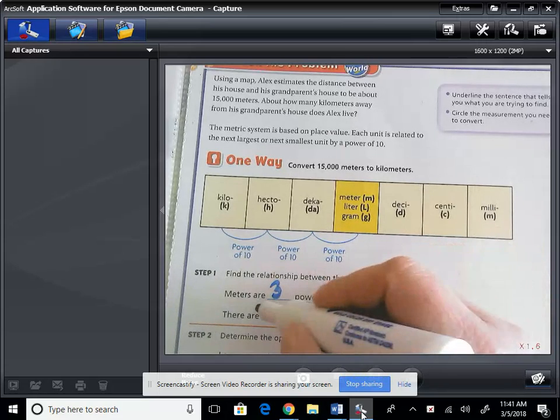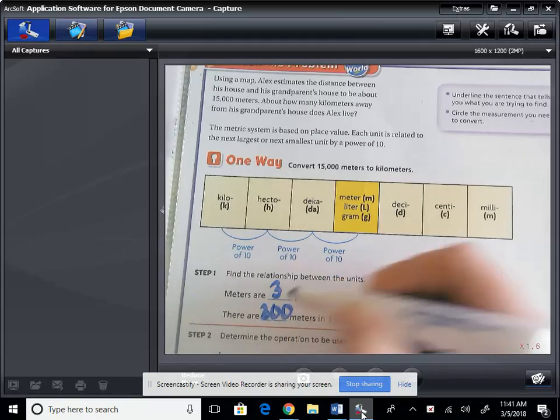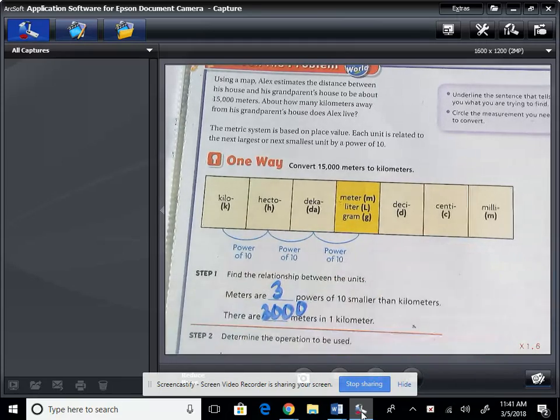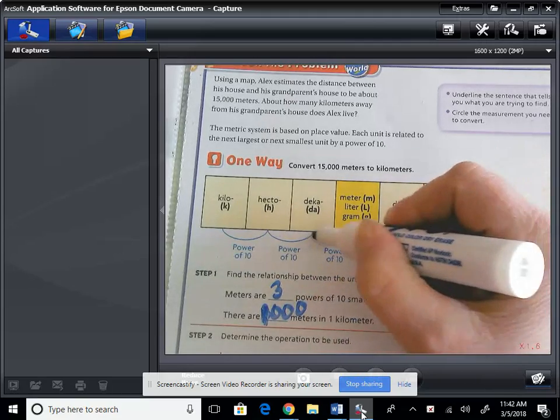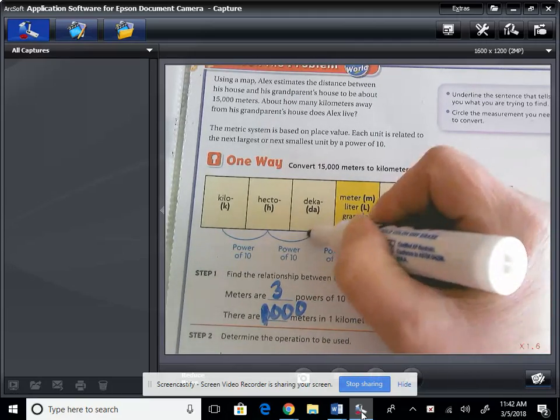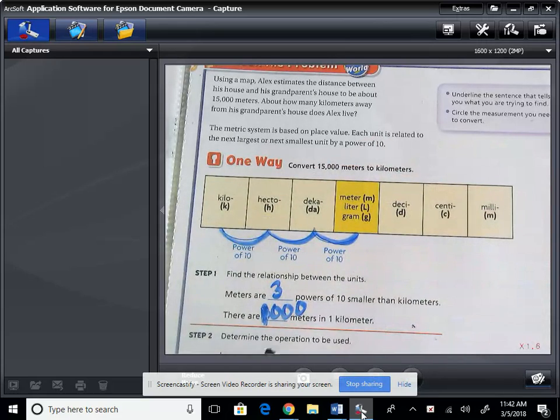There are 1,000, or 1,000 times smaller. Just like I did here, if this was 1, this is 10, this is 100, this is 1,000. Okay, so there's 1,000 meters in 1 kilometer.